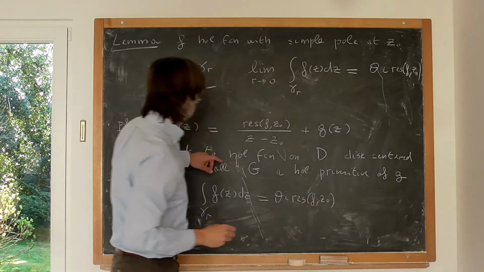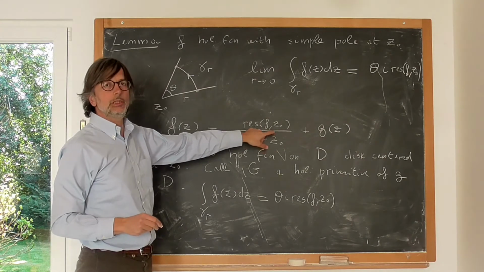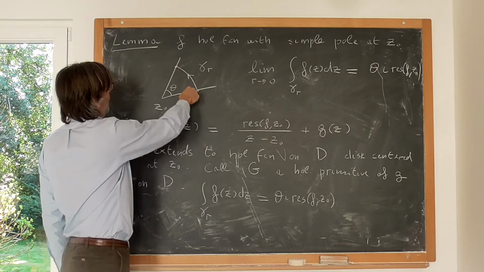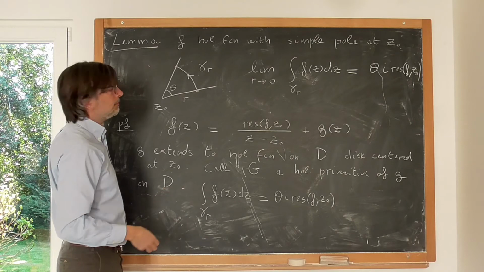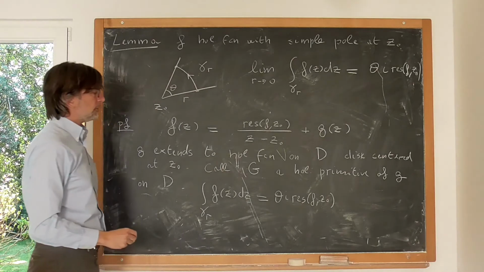Here we're using the fact that when we integrate 1 over z minus z0 over an arc spanning an angle theta, the result is theta i. And then everything is multiplied by this complex number, the residue of f at z0.